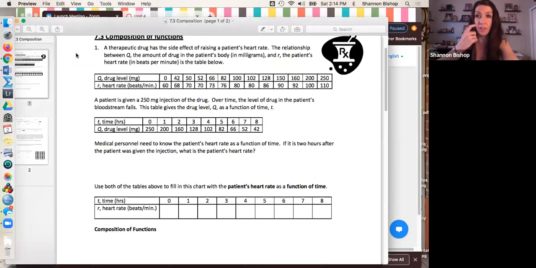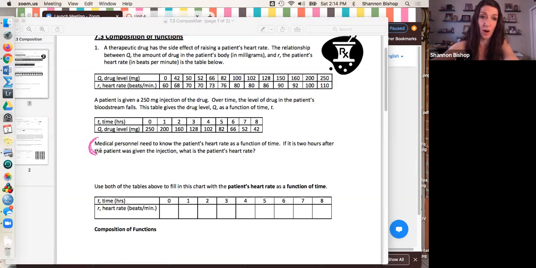And let's see how that definition applies. So how did we go through this series of questions? If you recall, let's go back to the 2-hour mark question. How did we figure out the 2-hour mark?